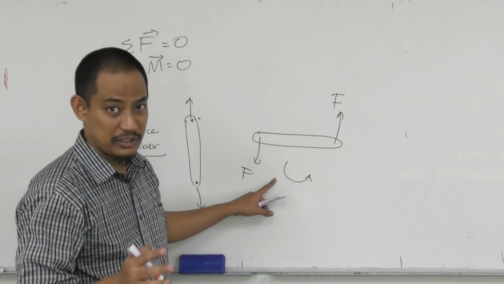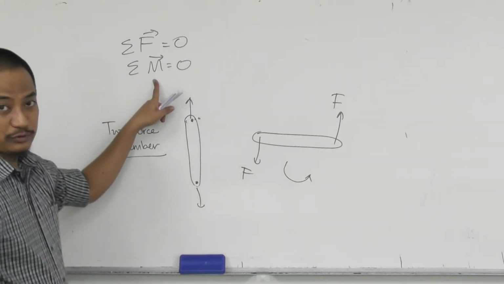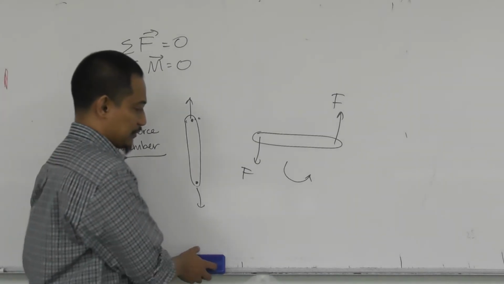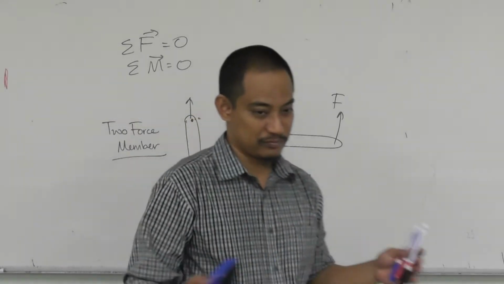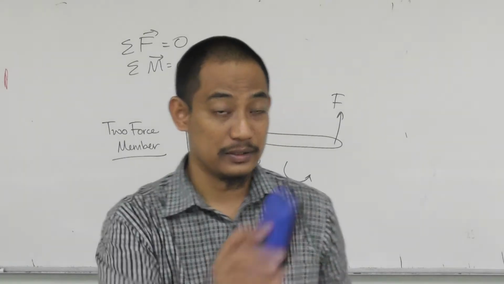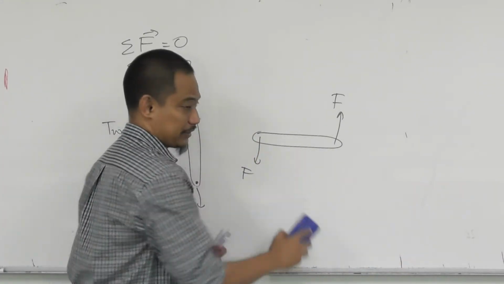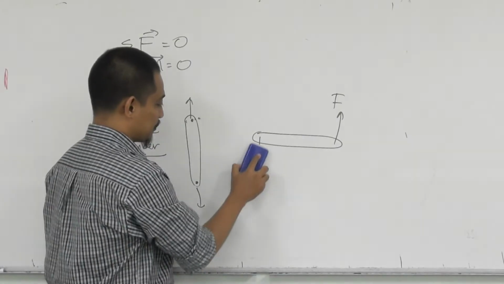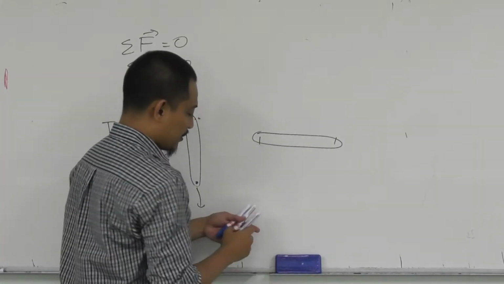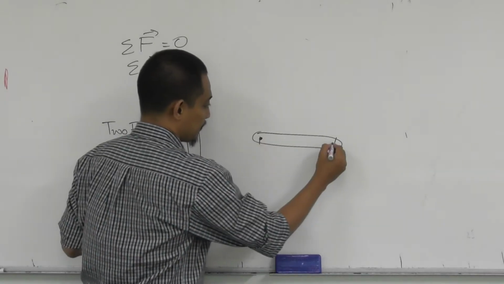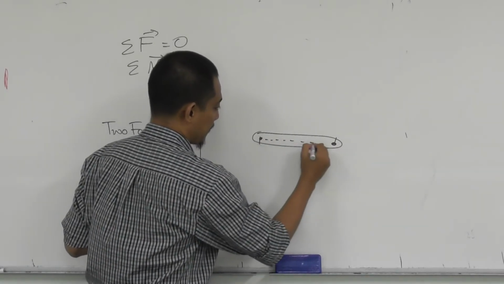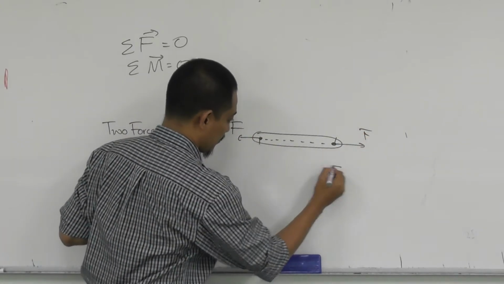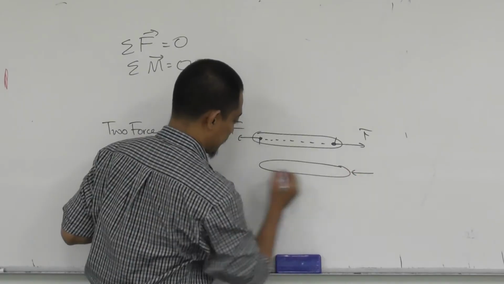But if it is in equilibrium, we need moment equal to 0 as well as force equal to 0. Now, without getting too long on this, the only way these two are satisfied is when the forces make one line, either like that or like that.